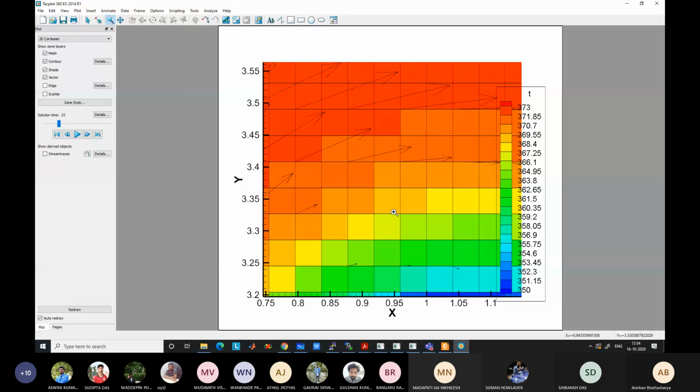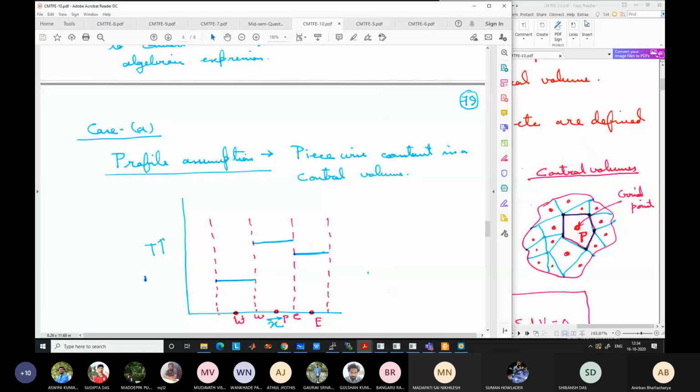For control volume P, the value is constant, equal to Tp, the temperature at point P. Similarly, for the control volume on the left-hand side, the temperature is TW, and for the entire control volume on the right-hand side, the temperature is TE, whatever the grid point temperature is.